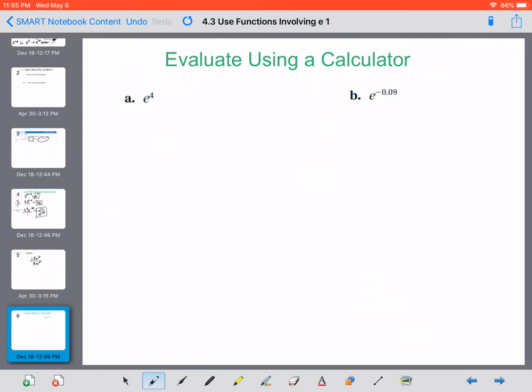Okay, next we're going to evaluate using your calculator. So in your calculator, you would hit second ln, e to the x. Then you enter in your exponent, which is 4, and then enter. Now, if your calculator is different than the ones we use in the classroom, it may be a little different the way you enter that in, but that's basically the same.